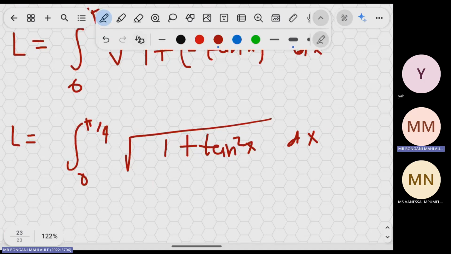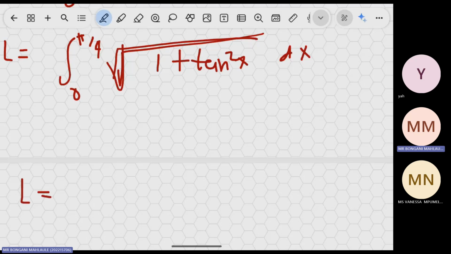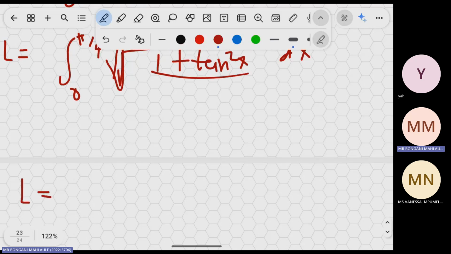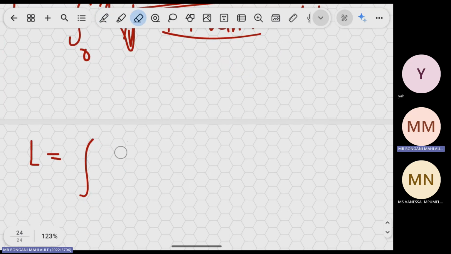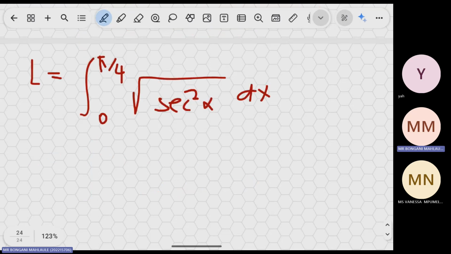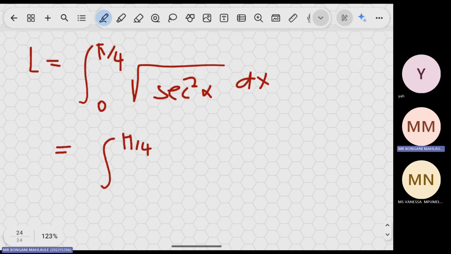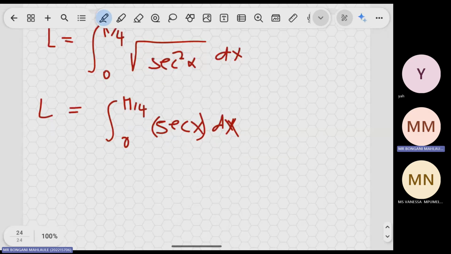This is an identity, so we replace it with sec squared x. So L is the integral from 0 to pi over 4 of sec x dx.